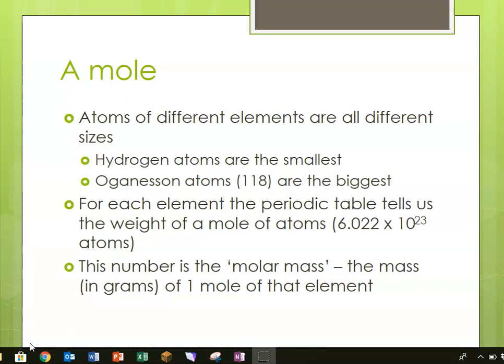So if I've got 1 mole of carbon atoms and the atomic mass on the periodic table is 12.01, that means that 1 mole of carbon atoms weighs 12.01 grams.